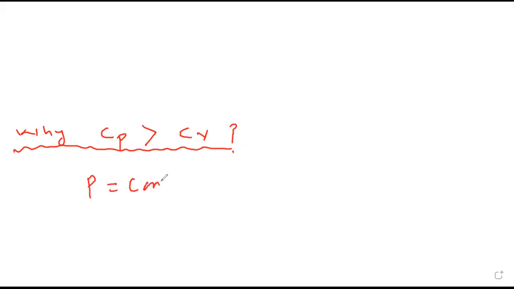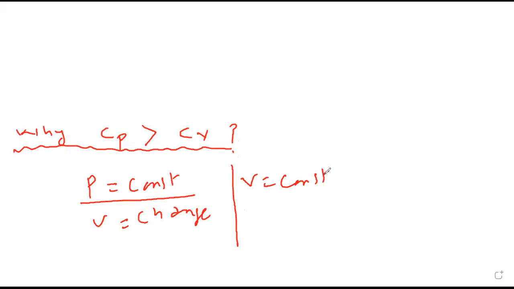Yes, we are keeping P constant, volume can change. And if V is constant, can pressure change? Yes, because the volume is kept constant, pressure can change. So now let us see what happens when I keep volume constant and what happens when I keep pressure constant.